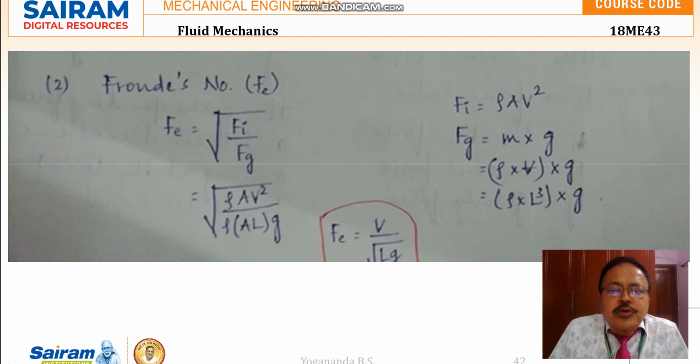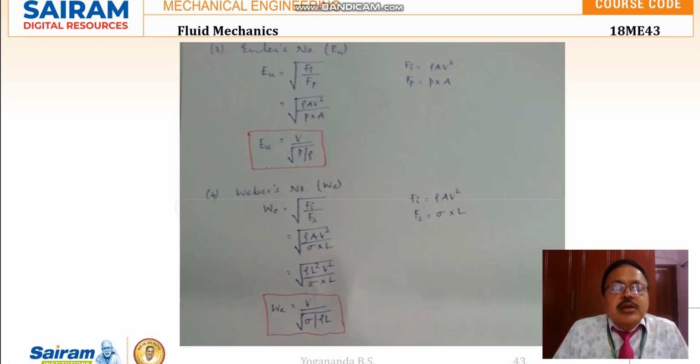So rho L cube into G. Now L cube is written as area into length, L square into L, that is nothing but area into length L, into G. Simplifying, we are getting Froude's number as V divided by square root of Lg.